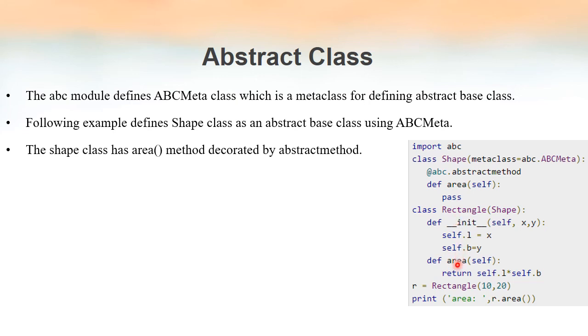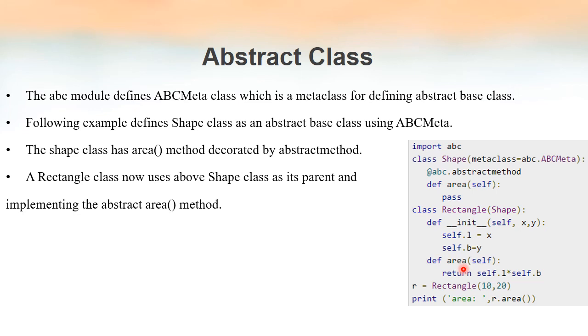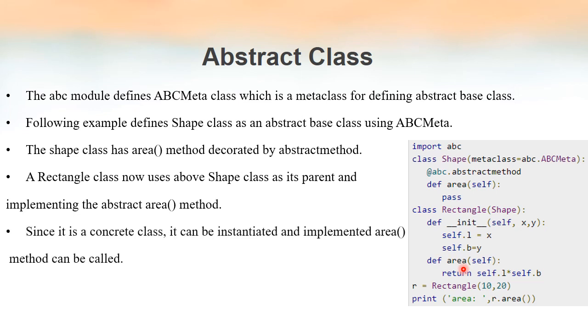So in this example, the Rectangle class has provided the implementation of method area here. So that is what is explained. So now the Rectangle class is a concrete class, meaning it does not contain any abstract methods. It's a normal class. Now we can create objects of class Rectangle, but we cannot create objects of class Shape because it is an abstract class.